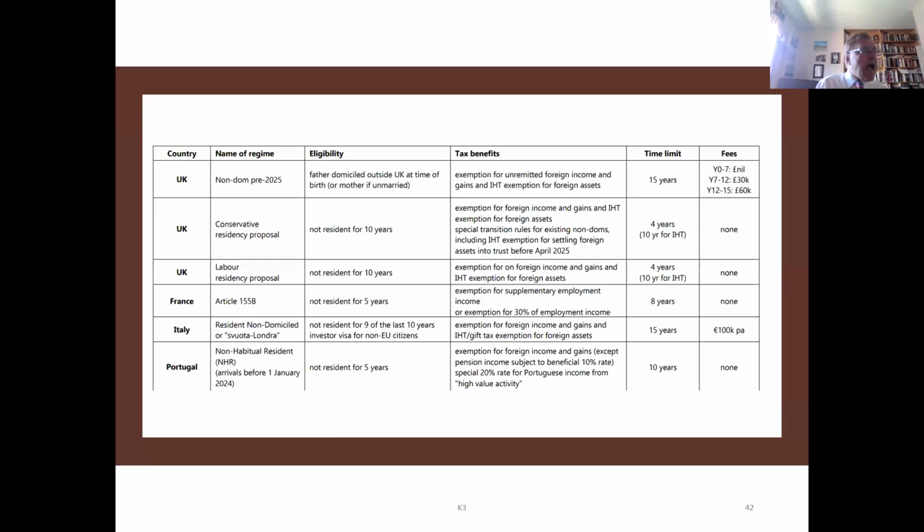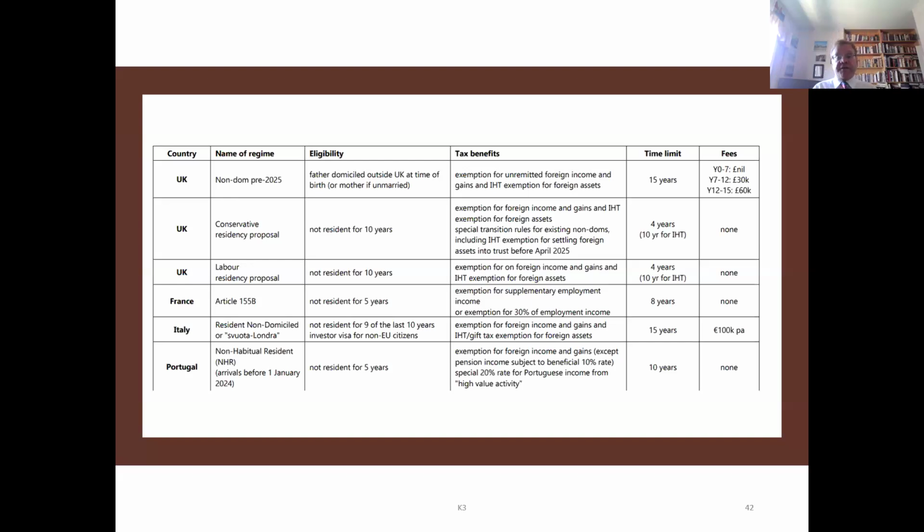If I look at other regimes, so the French have a regime, if you've been not resident for 5 years, exemption from supplementary employment income for 8 years, or exemption for 30% of employment income. Italy has a very generous regime.